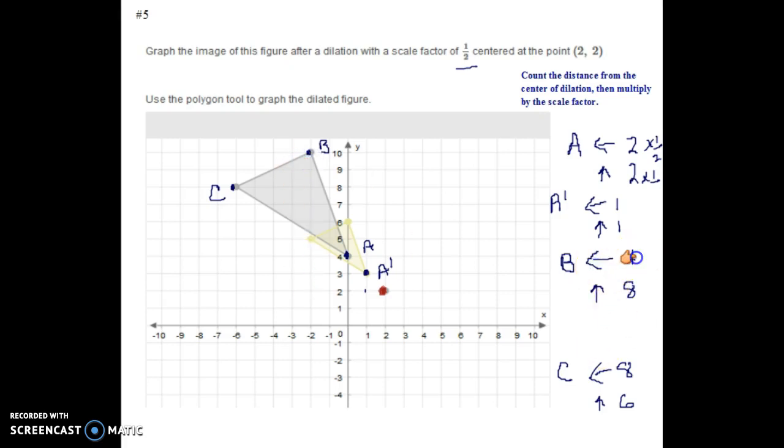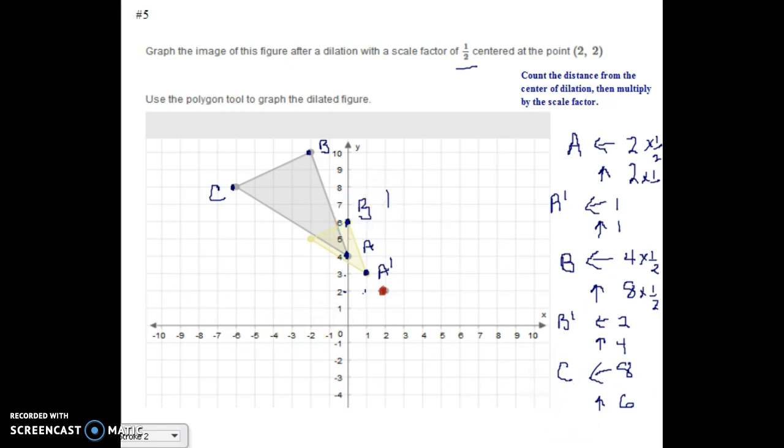So left 4, up 8. There again, I'm going to take half of that, or divide by 2. So for B prime, I'm going to go to the left 2 units and up 4 units. So 1, 2, up 1, 2, 3, 4, and here is B prime.